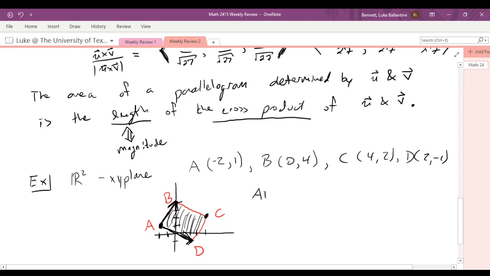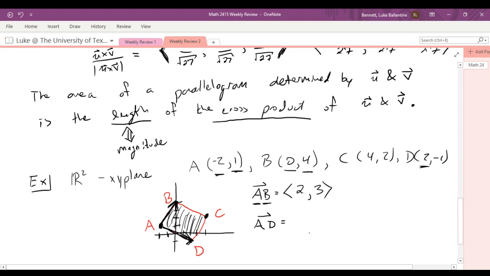Vector AB, right? It's terminal minus initial. So we have 0 minus -2. That's 2. 4 minus 1 is 3. Then we have vector AD. Vector AD would be terminal minus initial.